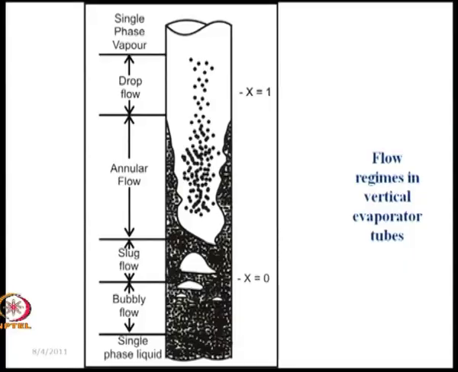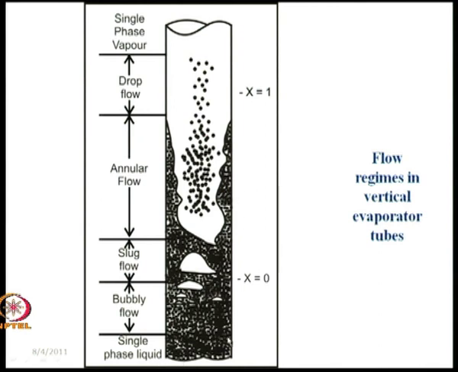Again the heating continues. So, therefore, these Taylor like bubbles, these elongated bubbles, become larger and larger till finally they coalesce and they become a continuous vapor core, and they form the, if you can see this picture, it will be much more evident.